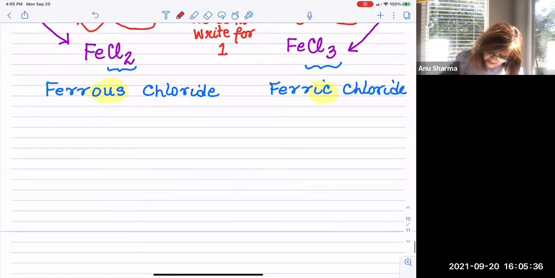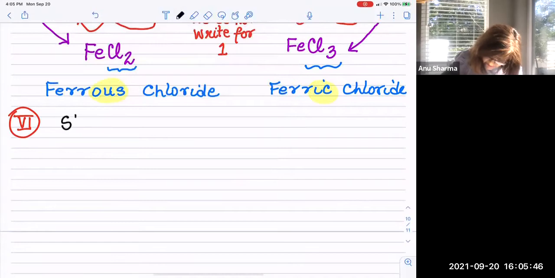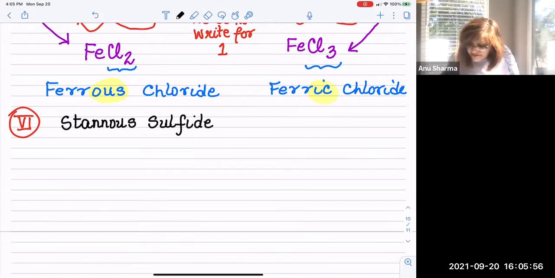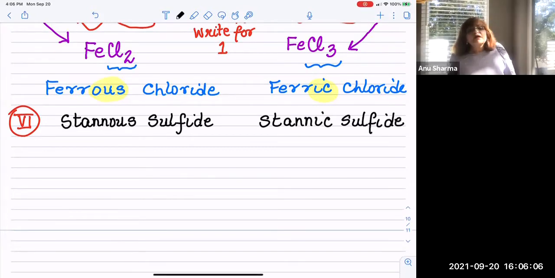Now we have another one. Let's look at an example where the example is saying stannous sulfide. The other one is stannic sulfide. All right, so stannous, ous, ic.